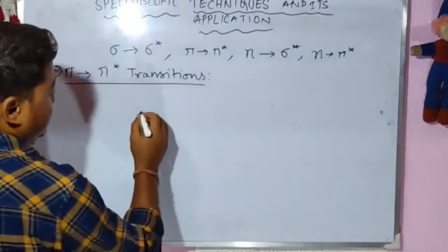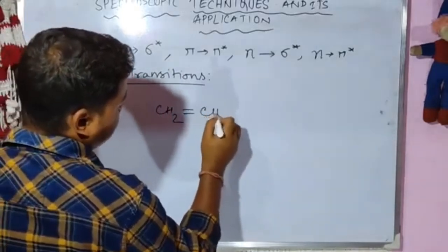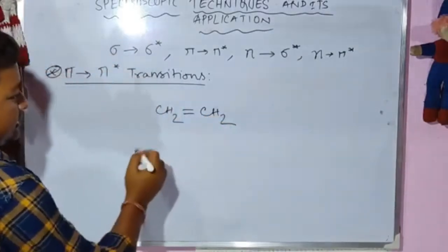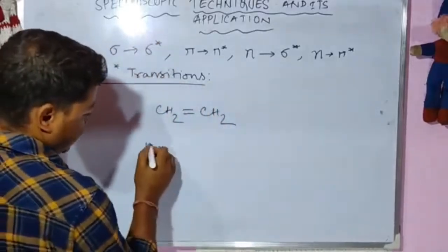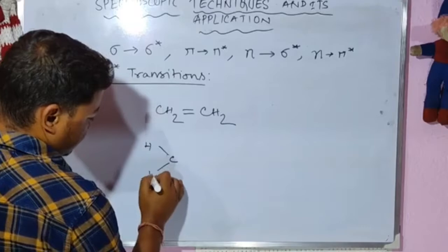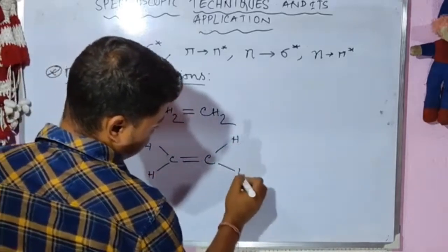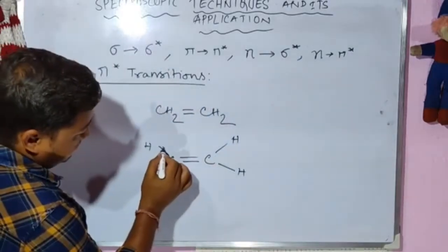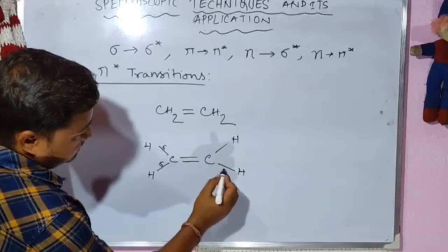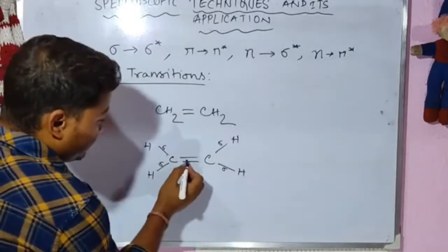For example, CH2 double bond CH2, the structure of ethene, H double bond C H. In this molecule, this is a sigma bond, this is a sigma bond, this is also sigma, this is also sigma, and here 2 bonds are present.